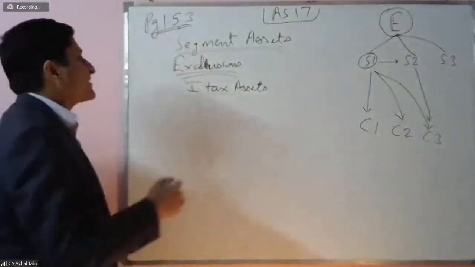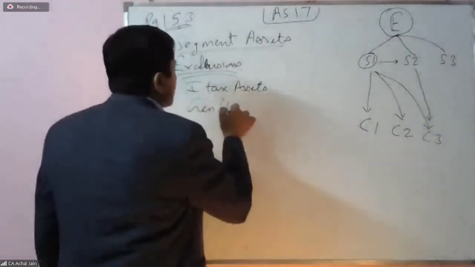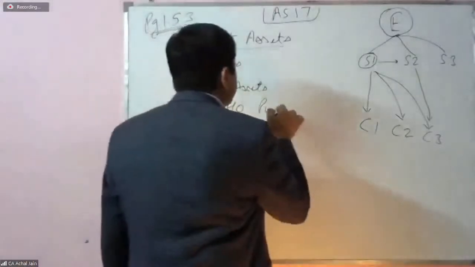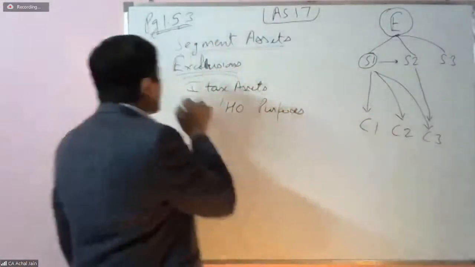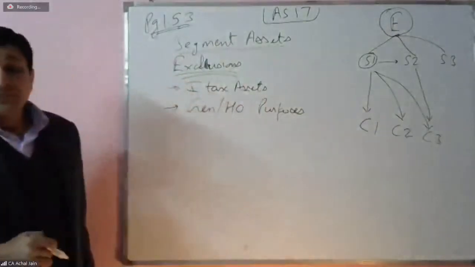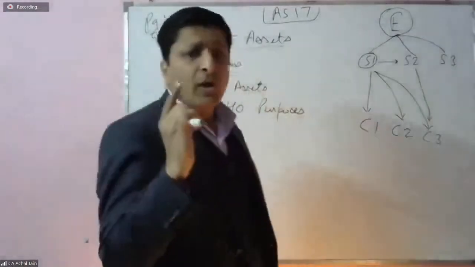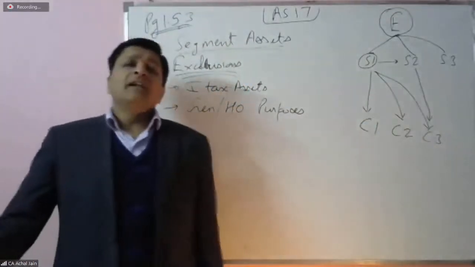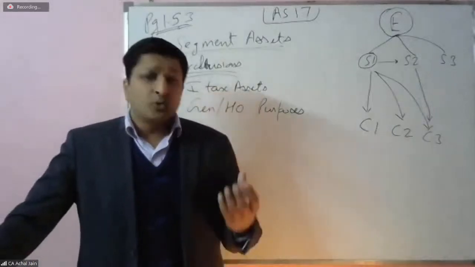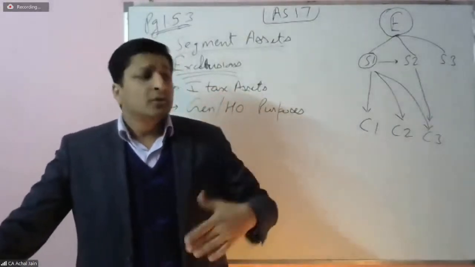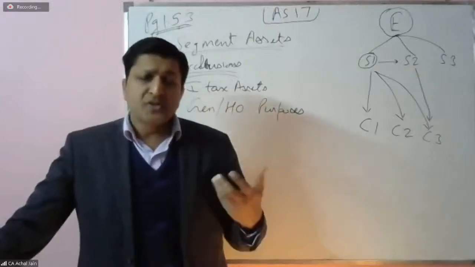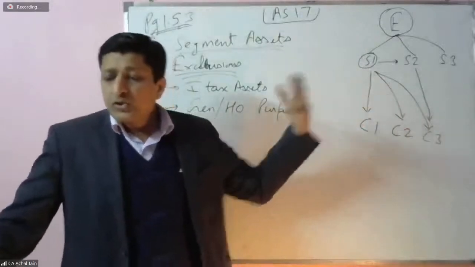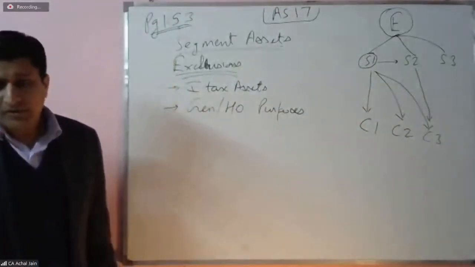If there are certain assets which are general or meant for HO only, corporate assets, and which are not easily allocable to a particular segment, it will be inappropriate to allocate those assets to a particular segment because those are meant for the purposes of corporate only. Those are not meant for a particular segment. So those should be excluded always.